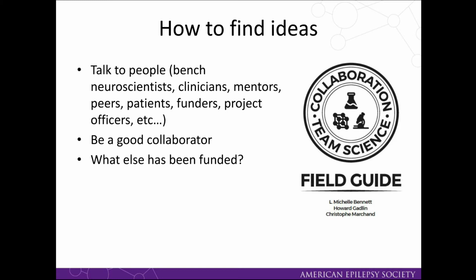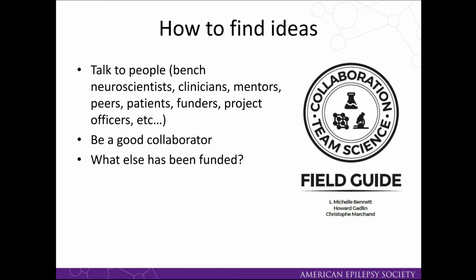So the best way to find ideas is just to talk to people, and as many people as you can find. Bench scientists, clinicians, your mentors, your peers, talk to patients, talk to funders, talk to project officers. The other thing to do is that if you get involved in collaborative research, to be a good collaborator.